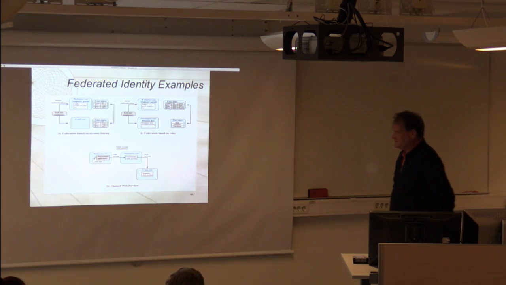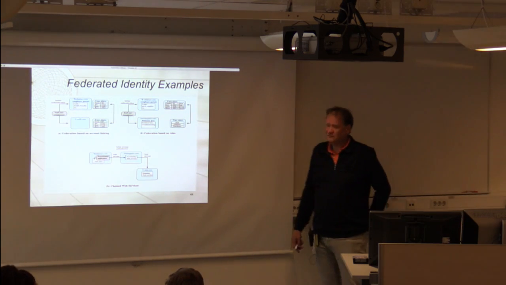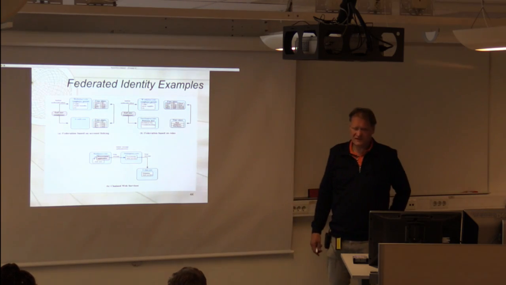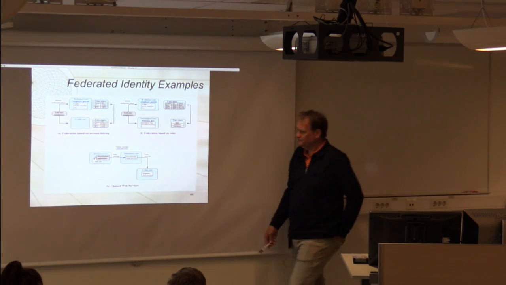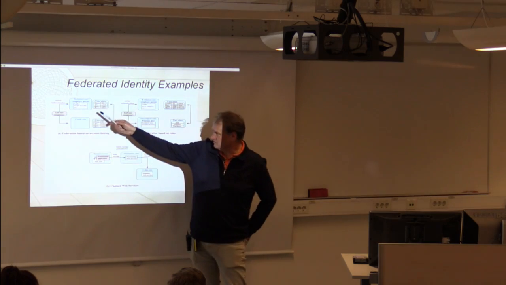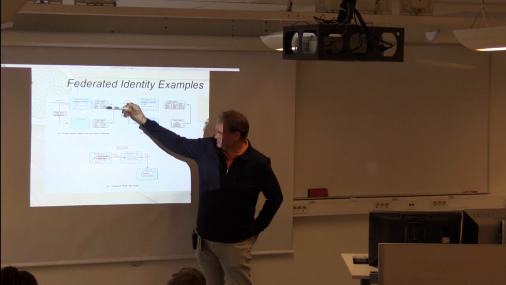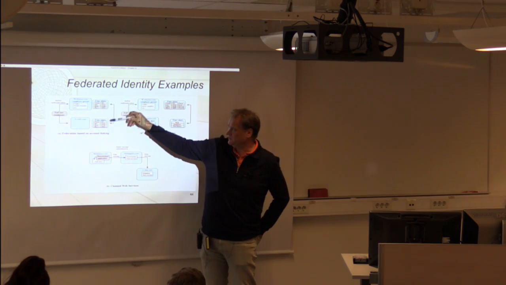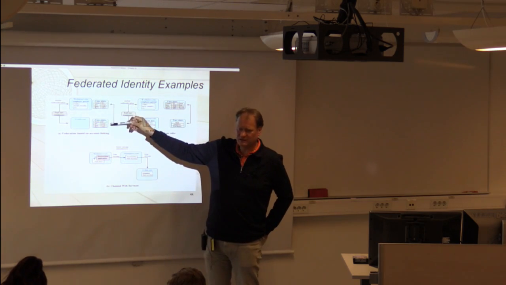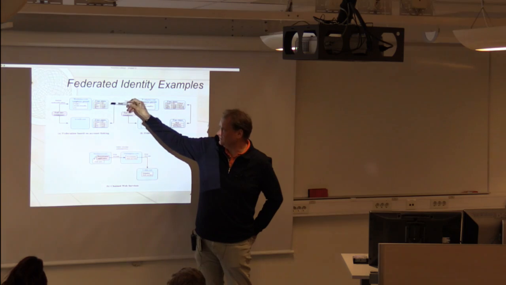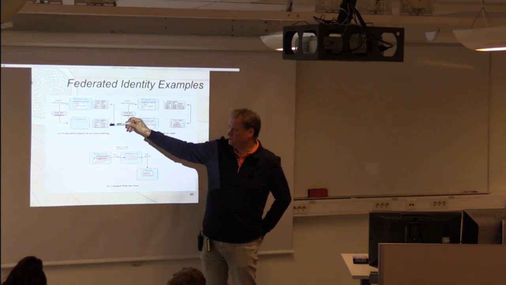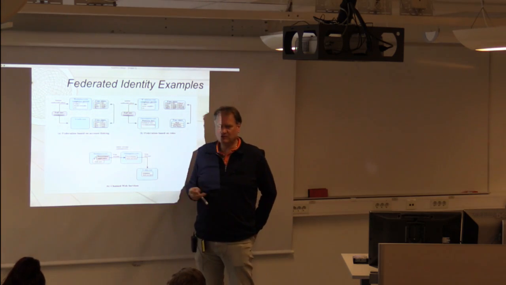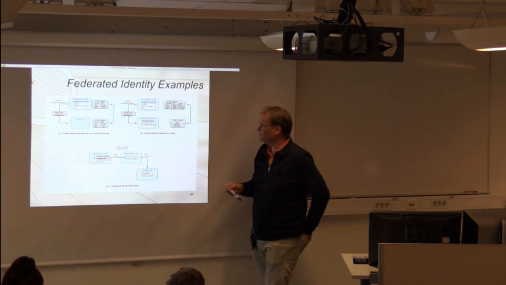In the book, we have these examples of different types of federation we can build here. Here we see an example first of where users actually are linked. So we have users in different systems that are linked together. So we know that the user called Joe here is the same user as down here. So that's quite a low level of federation.